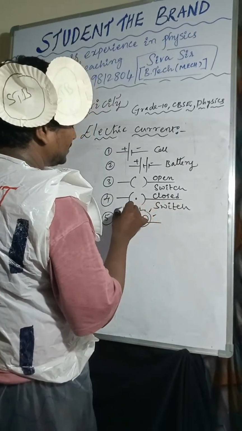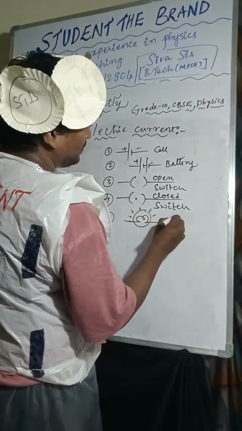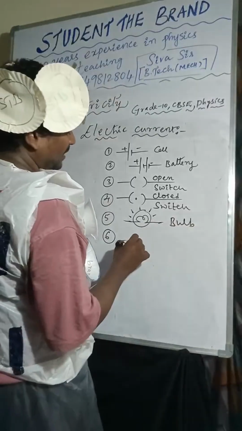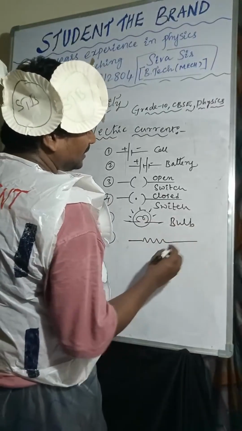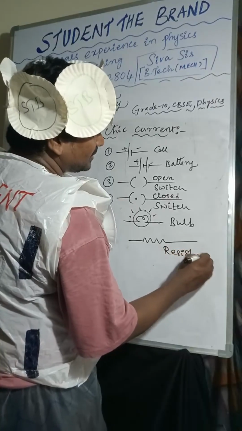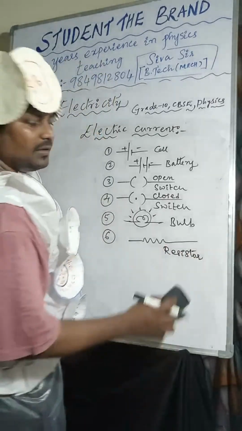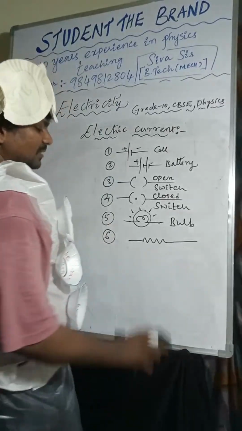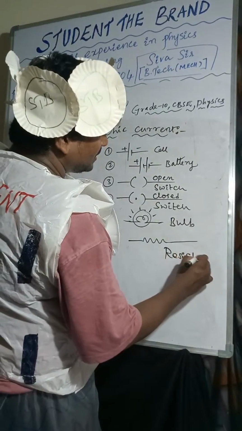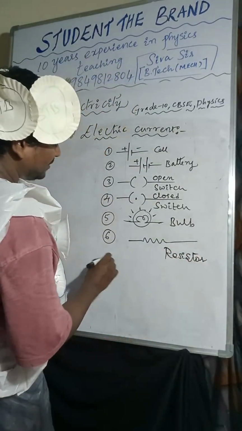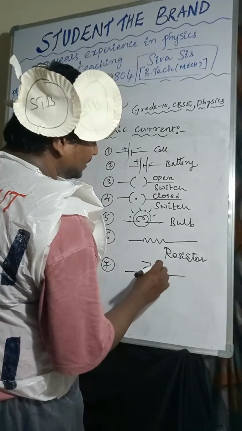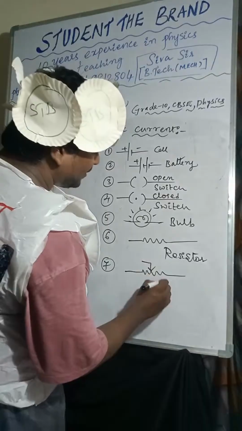This is glowing. And the sixth one is the resistor, this is the resistor I'm considering. And the seventh one is a rheostat. This is the rheostat.